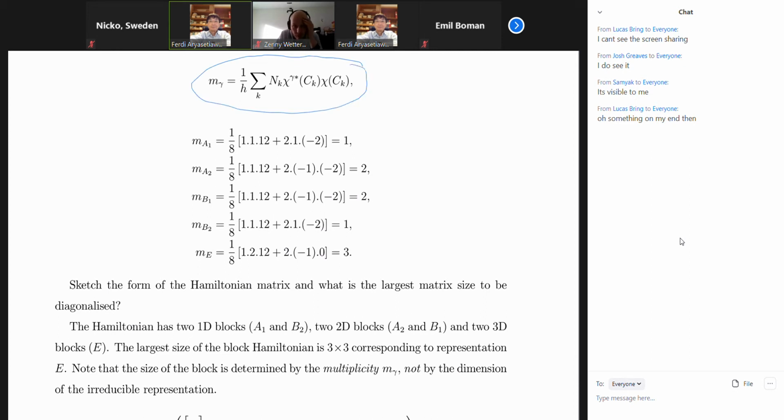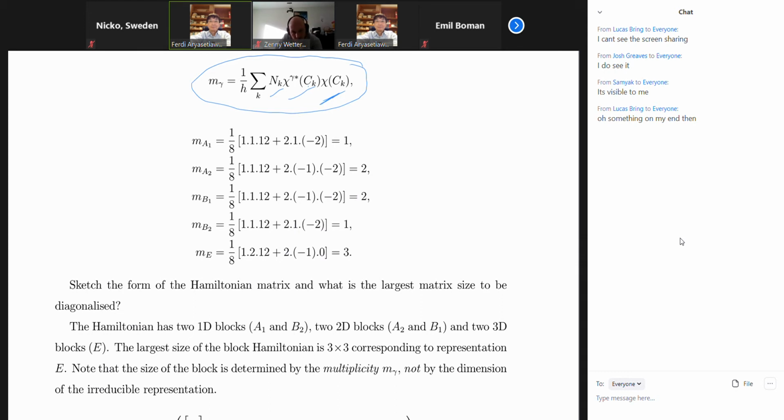So we use the character table. We know that this is just the number of elements in the class K. This is the character of representation gamma of class K. And this is the character of the 12 by 12 representation. So just plug in the numbers.